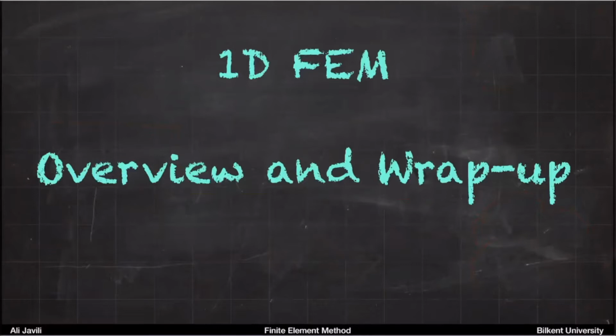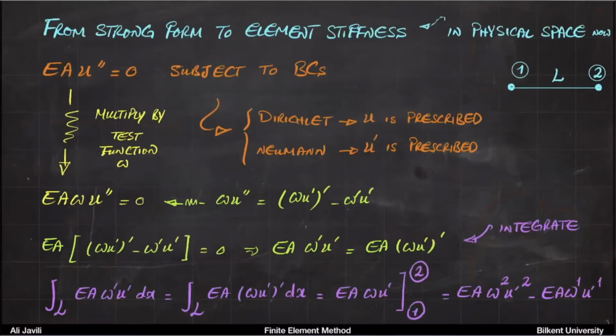So based on that, we had this short overview of one-dimensional FEM. We said basically the starting point is a differential equation, a second order differential equation. You multiply by a test function. Okay, test function is displacement variation or virtual displacement if you want. So you multiply by the test function, you integrate it.